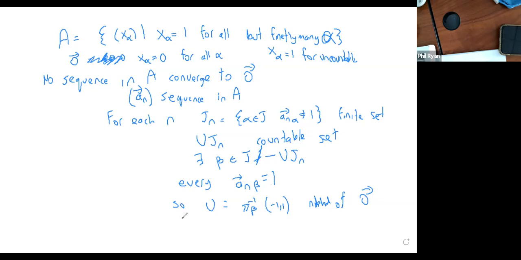So that means A_n can't go to 0, just for uncountable reasons.